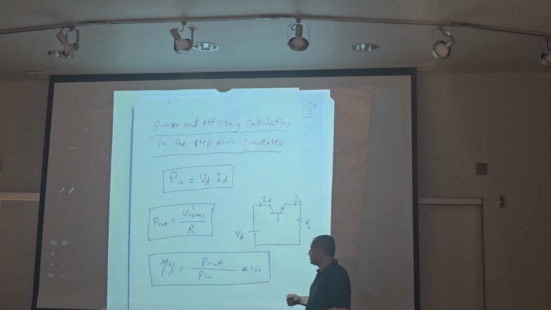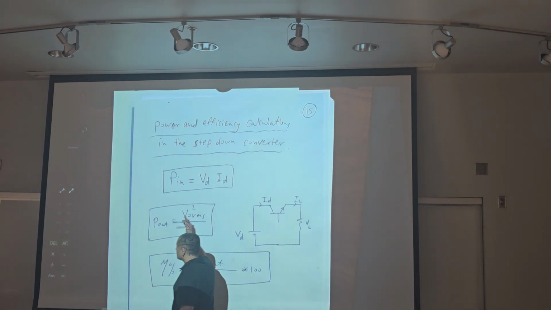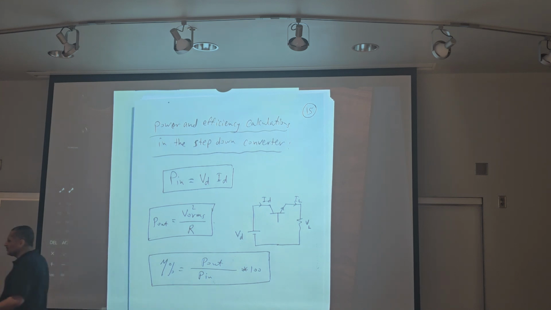For the efficiency or the output power, we use here V out RMS. RMS is AC. But why do we use the AC or RMS voltage, not DC?